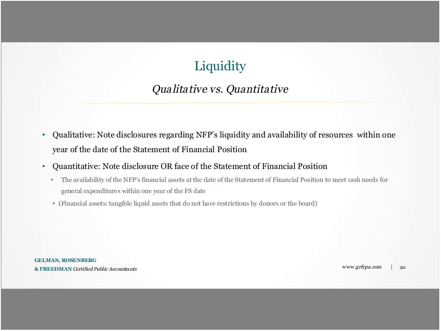Included in this quantitative requirement, the not-for-profit must disclose the availability of the financial assets at the date of the statement of financial position to meet cash needs for general expenditures within 1 year of the financial statement date. So financial assets are tangible, liquid assets that do not have restrictions by either the donor or the board.